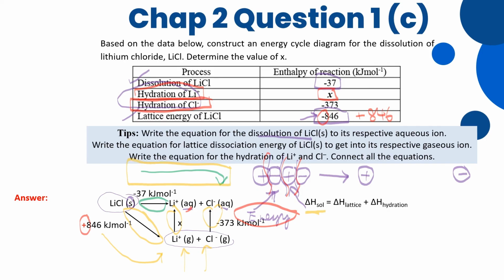Delta H solution is equal to enthalpy of lattice plus enthalpy of hydration. So we put in all the values. So this is negative 37 from the equation, and positive 846 plus X plus negative 373. So we just do a simple calculation. X is negative 510 kilojoule per mole. So this is the answer for the value of X.